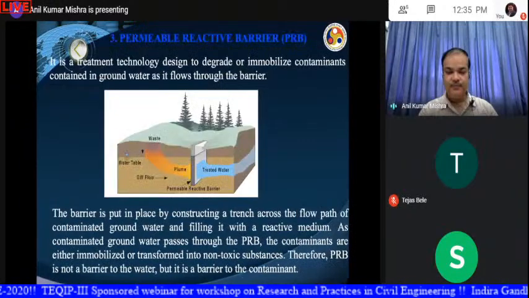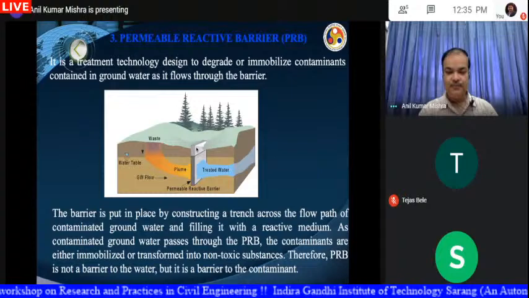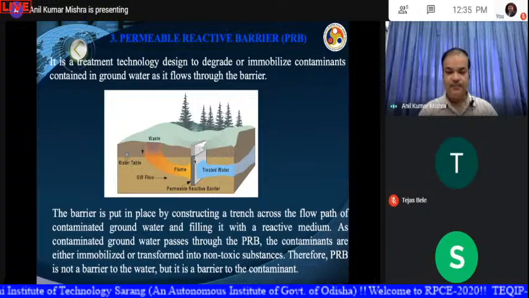The last method is the permeable reactive barrier, called the PRB wall. In this method, a wall is created, made of different materials depending on what kind of contaminant there is. This is known as a barrier wall.